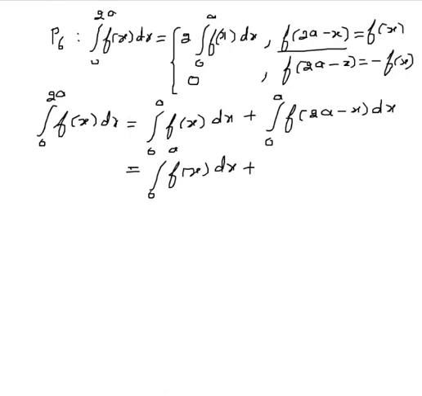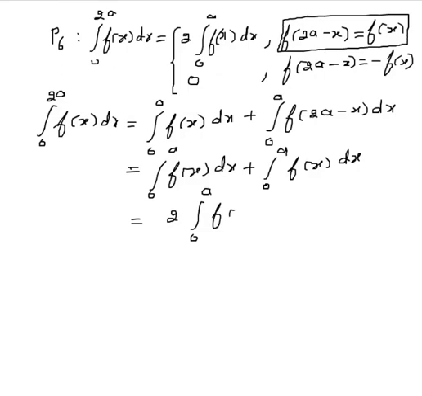Now see the second integral. If this condition is satisfied, I can replace f of 2a minus x by f of x. Now these two integrals are same. Therefore, the answer becomes 2 times integral 0 to a f of x dx. This is the first case.